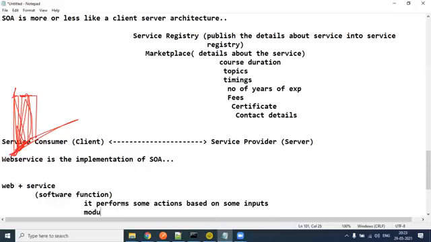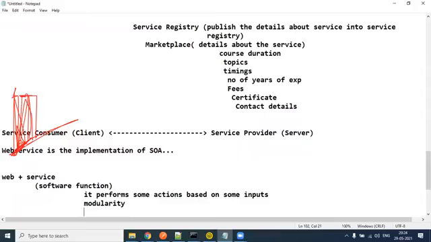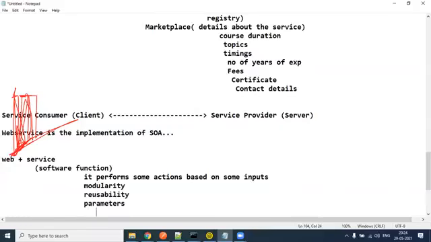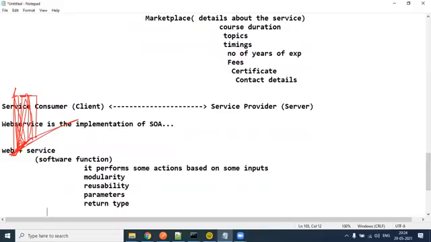Does modularity come to your mind? Does reusability come to your mind? Does parameters come to your mind? Does a return type come to your mind? Yes. These all things will be important, right? Yes or no?